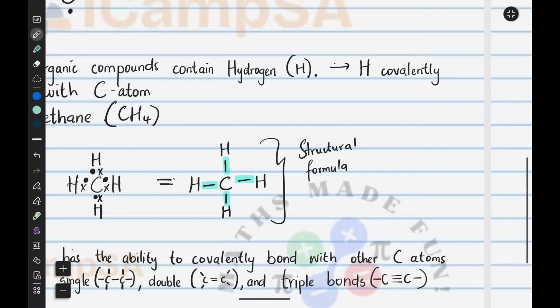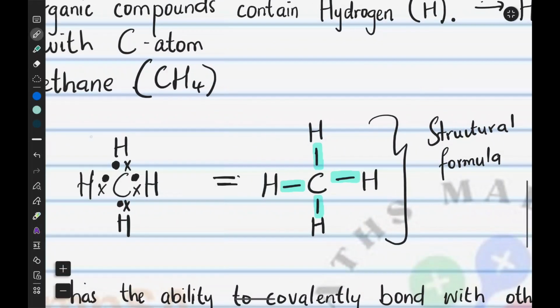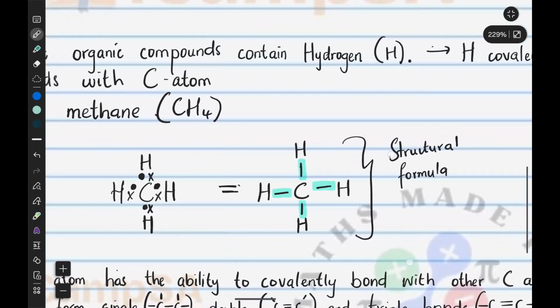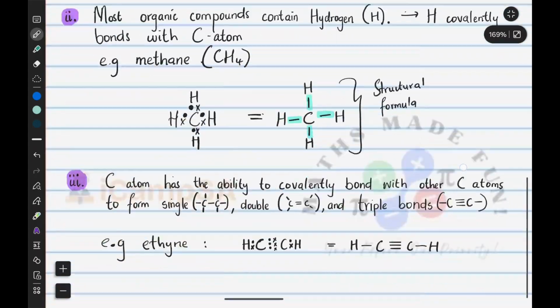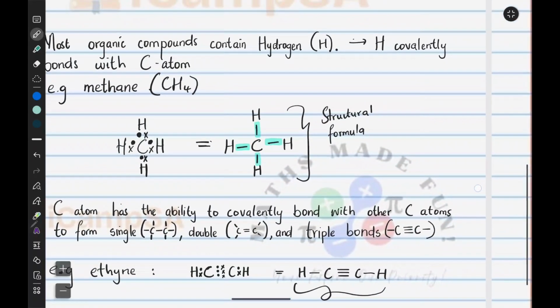We skip this part where you first get the Lewis dot diagram of that particular compound or molecule, in this case an organic molecule, and we'll just be doing structural formulae instead of the Lewis dot diagrams, right? This is another example of a structural formula. Okay, we will define all of these terms a bit more later.